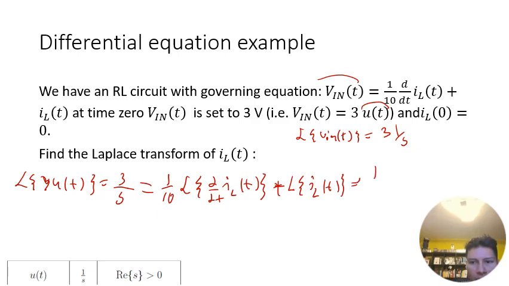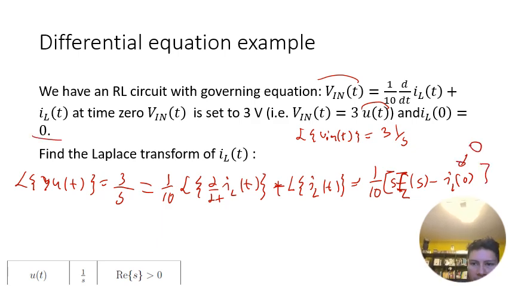So that's just 1 over 10 s I_L of s minus I_L of 0, which they gave us is equal to 0, plus I_L of s.